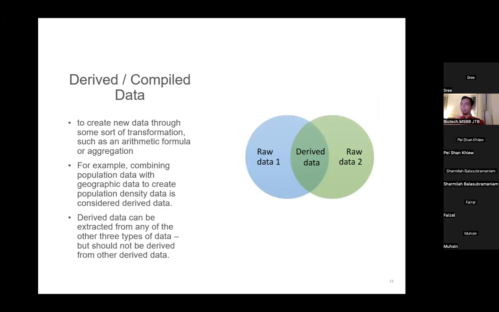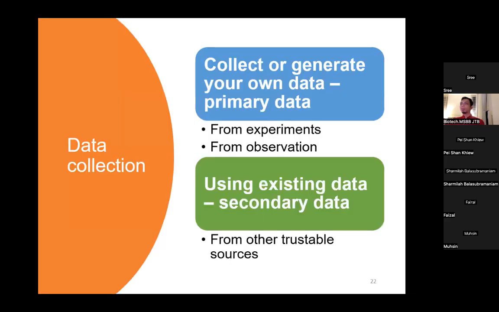But I provide you this information based on my readings. For example, combining population data with geographic data to create population density data is considered derived data. So when we mix these different data together, they become new data, and we need to analyze that new data before it generates results.